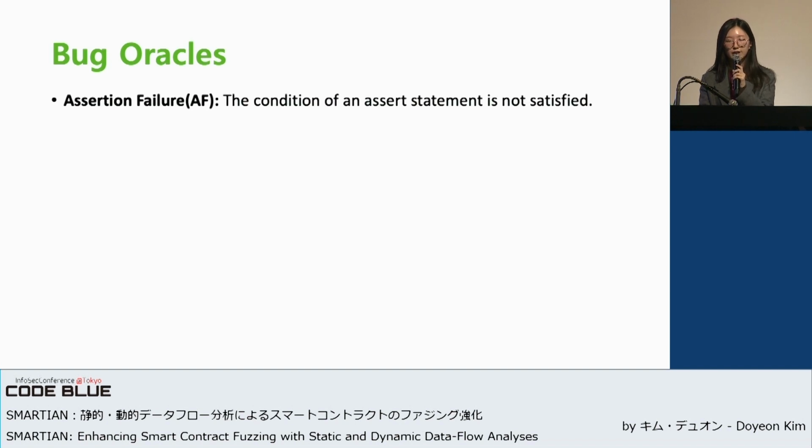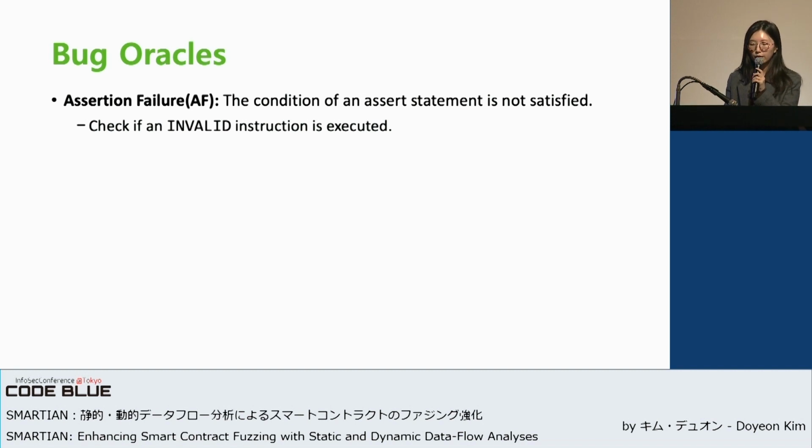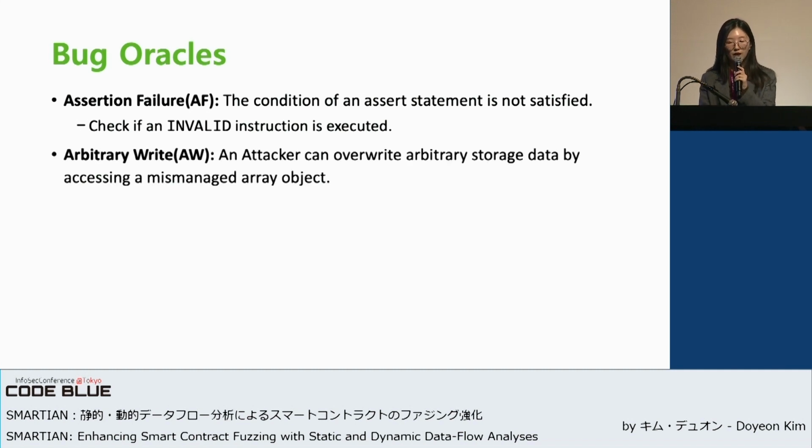First is assertion failure. It occurs when the condition of an assert statement is not satisfied. To find such a bug, we check if an invalid instruction is executed. The next one is arbitrary write.